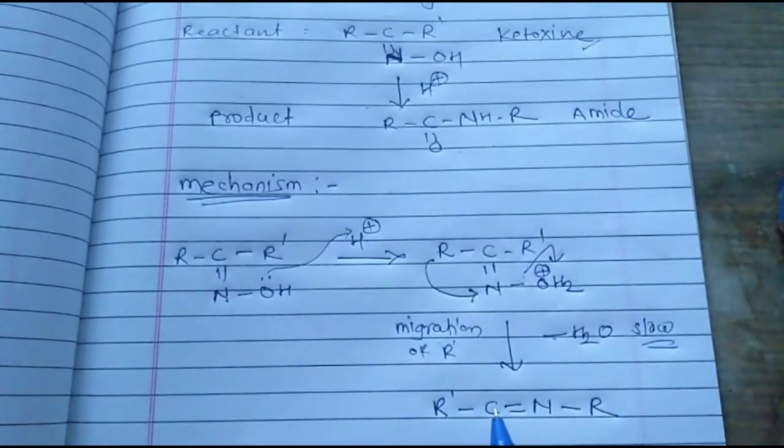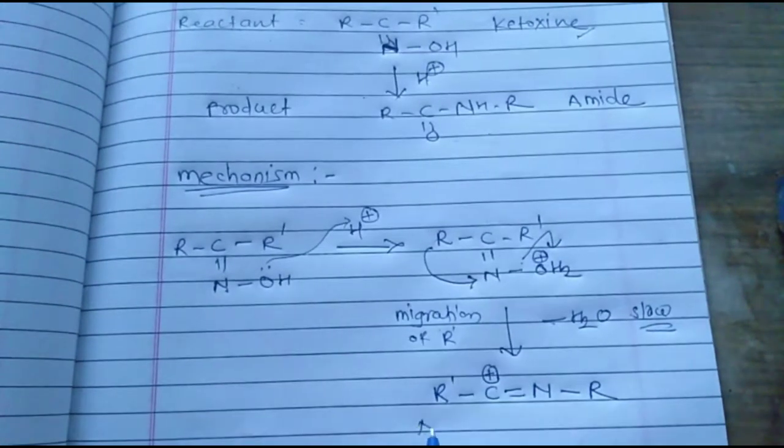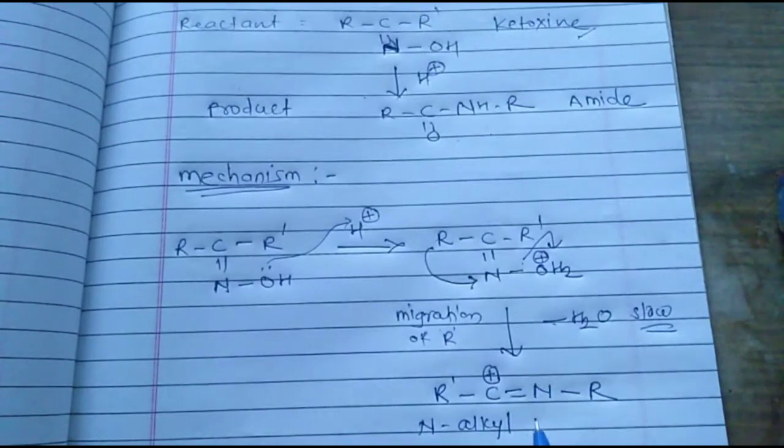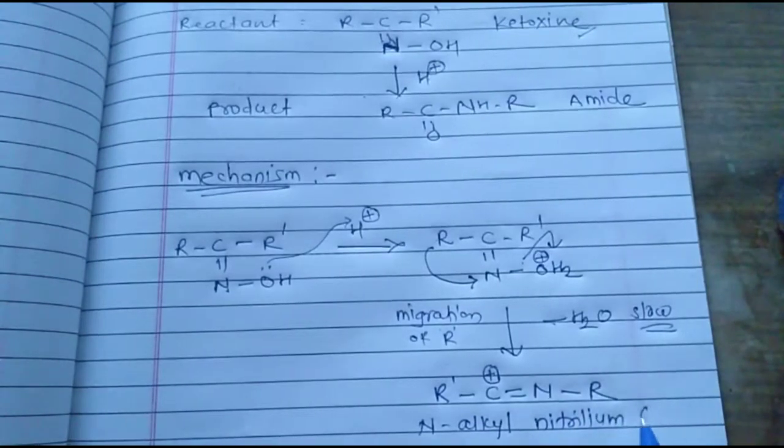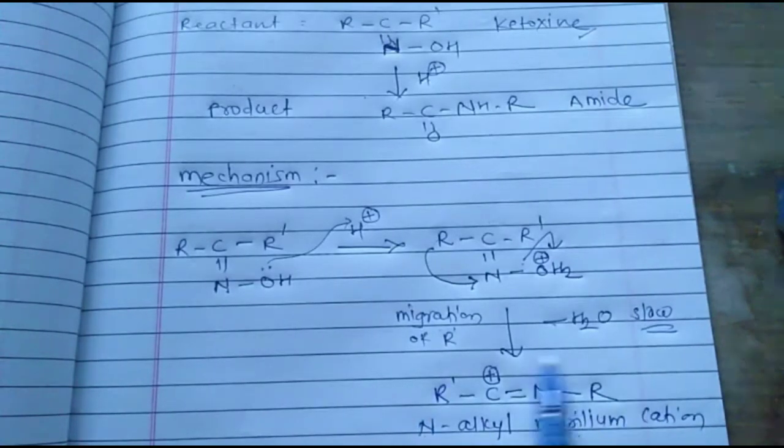This carbon now has only three bonds, and that's why this carbon becomes a carbocation. This is called an N-alkyl nitrilium cation. This is a reactive intermediate.